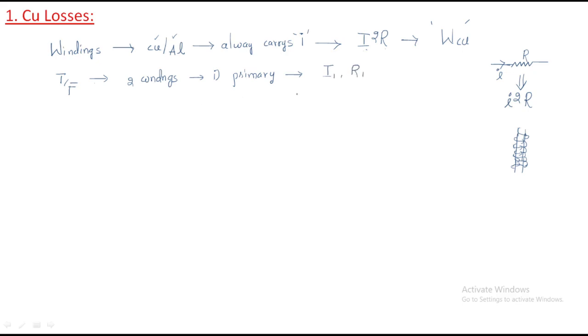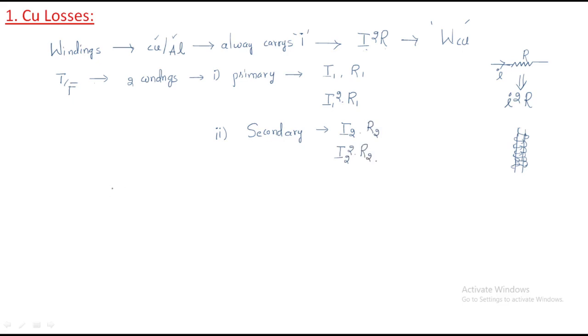That's why the primary copper loss is I1 square R1. The transformer also has a secondary winding, carrying current I2 with resistance R2. So the copper loss across the secondary winding is I2 square R2.